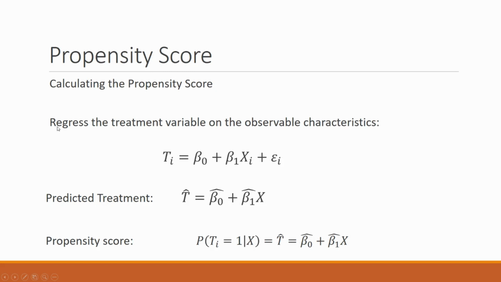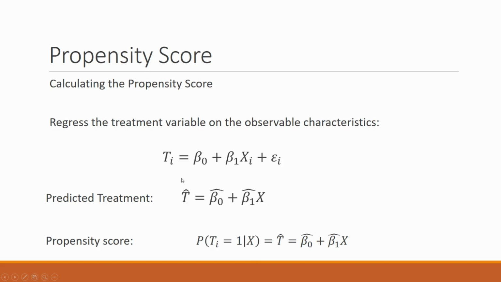What we do is we regress the treatment variable on the observable characteristics. So we run a regression of the treatment variable on the observable characteristics X, and then we generate a predicted value, a predicted treatment value. And this predicted treatment value will be the probability of being in the treatment conditional on the observable characteristics X, so these variables in your data set.